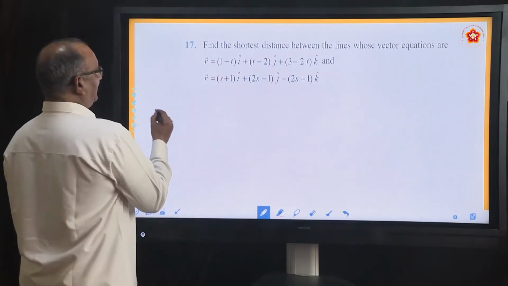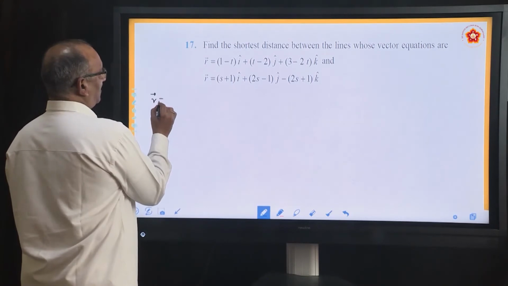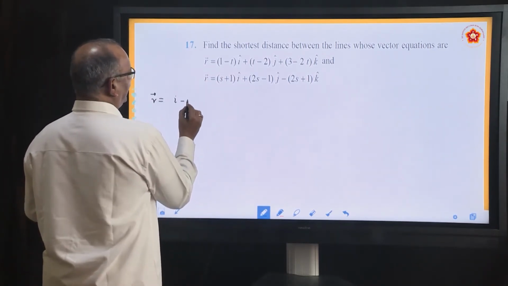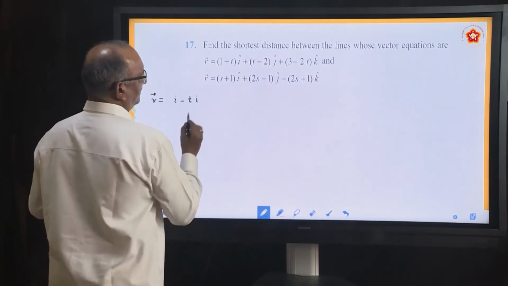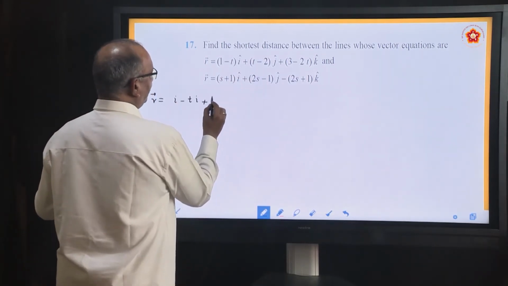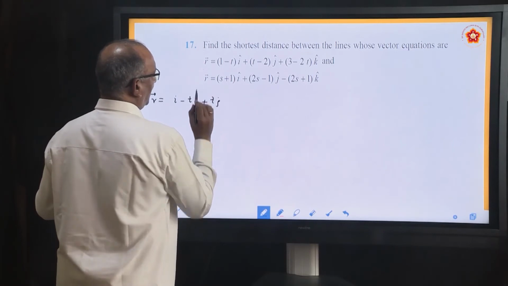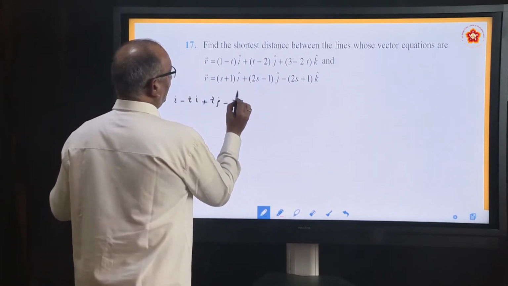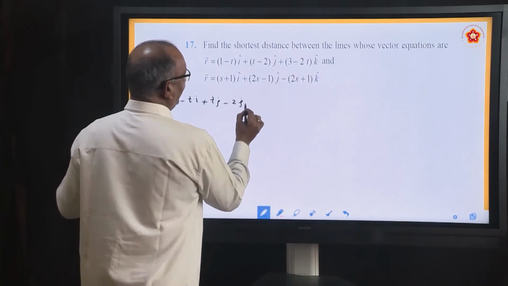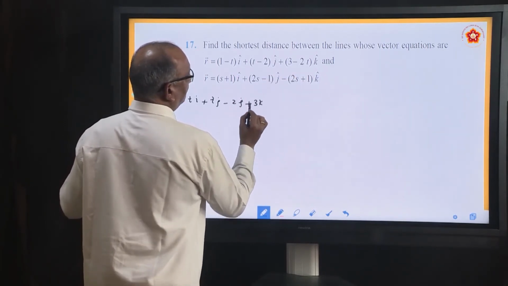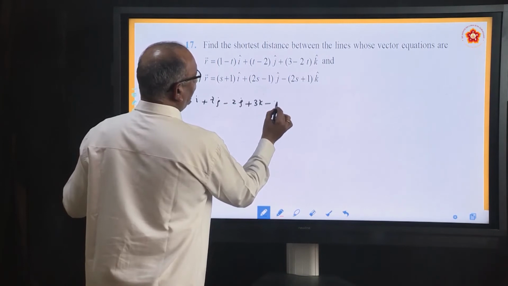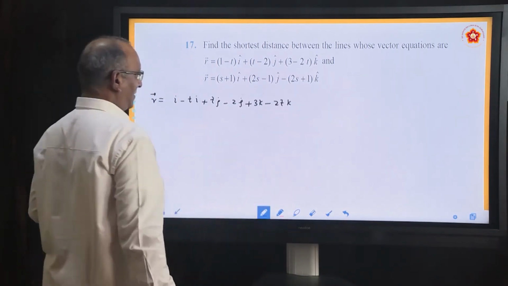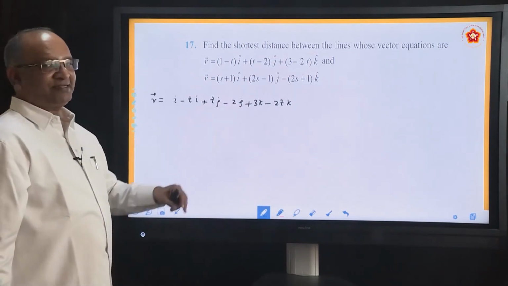The first line can be written as r equal to i minus tI plus tj minus 2j plus 3k minus 2tk. Write this in the standard form.